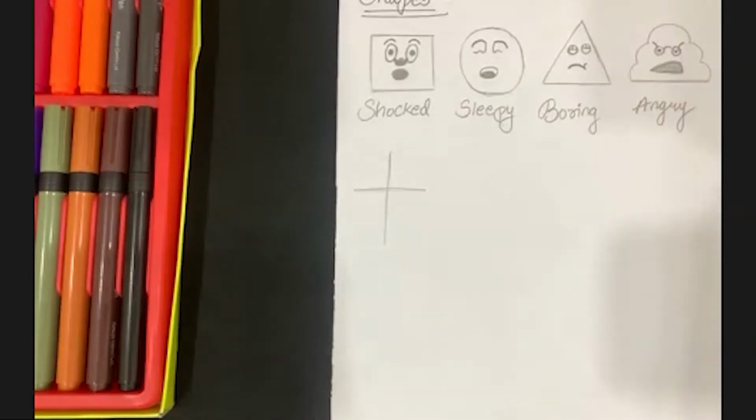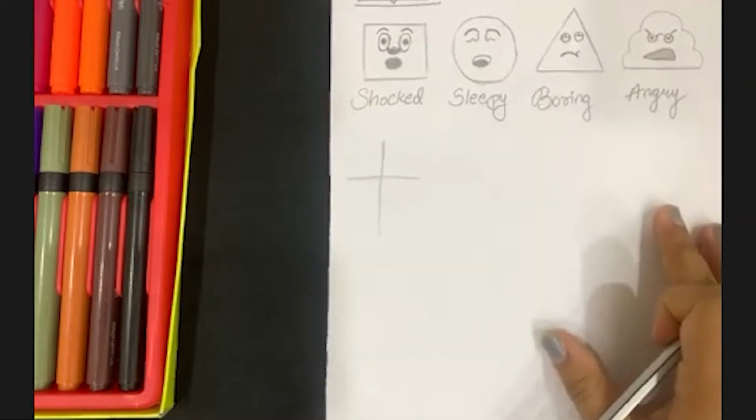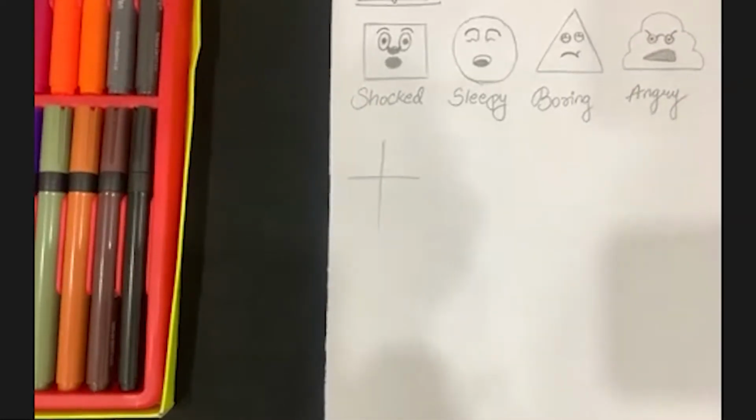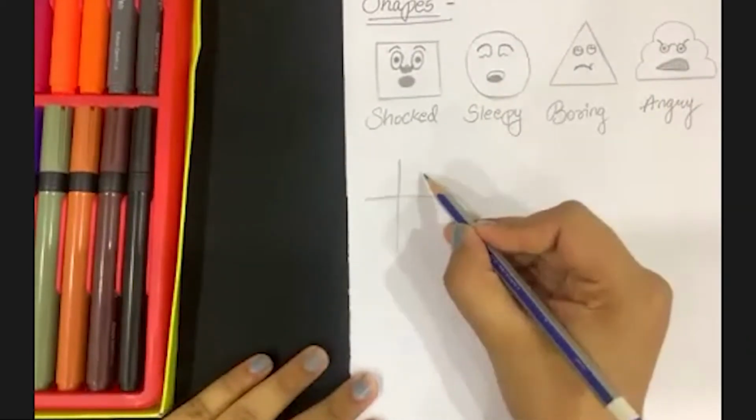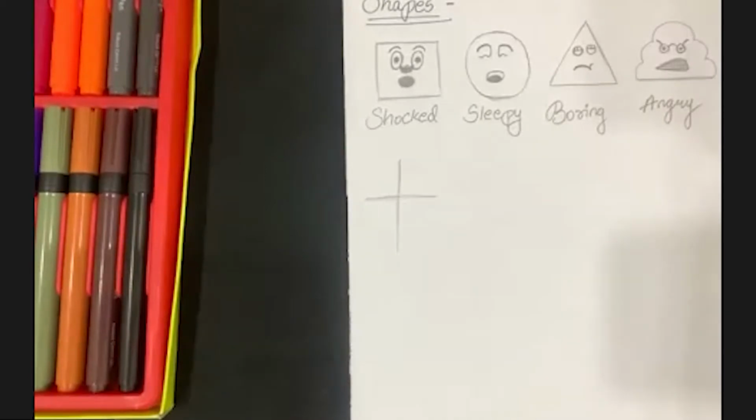Now we are again going to draw the angry face. Okay, now come on, everyone, have a look on my screen. Now you have to look here carefully. First I'm starting with my eyebrow part.